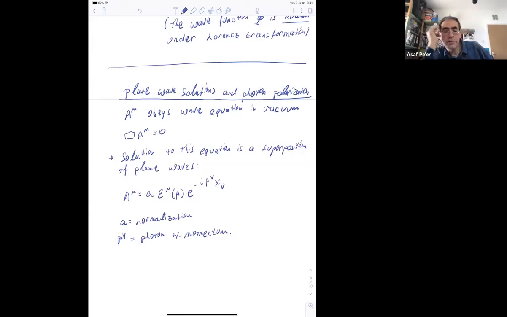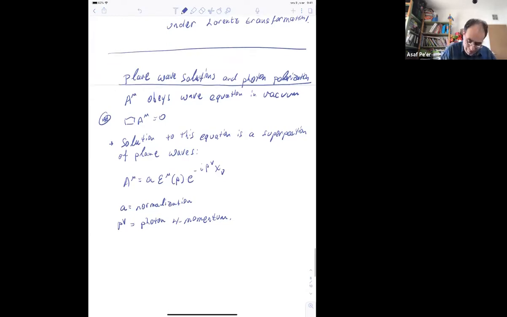Of course, when we use this in the wave equation, we automatically get P squared equal to 0, which ensures that the photon is massless.